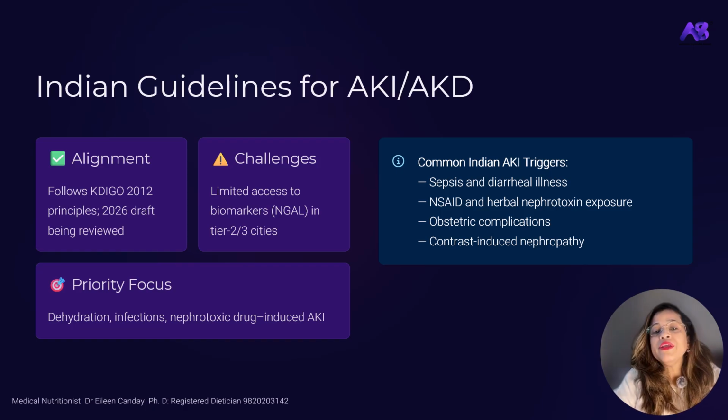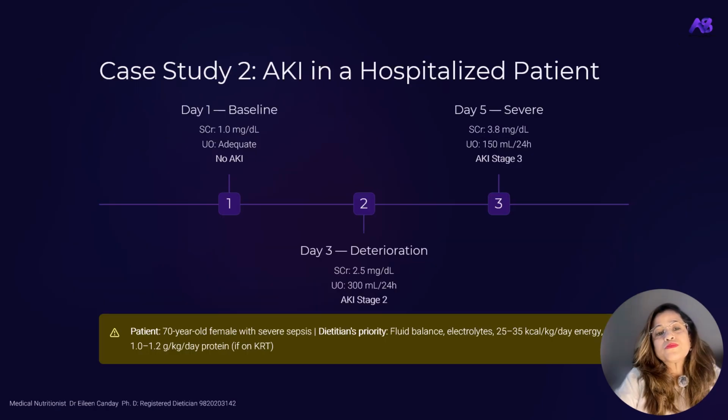However, for Indian practices, dehydration related AKI, infection related AKI, and drug induced injuries are the most common problems, and the burden can be easily reduced. People should be educated about NSAID use, herbal nephrotoxins, and obstetric emergencies. Basically, these disease patterns and the healthcare context specific to India are very different from the Western countries.